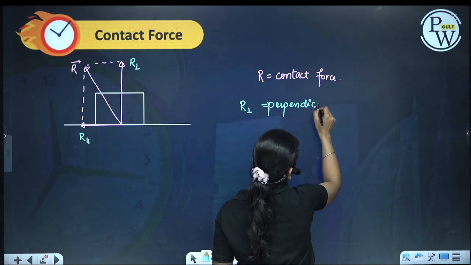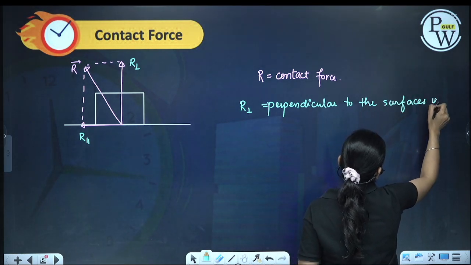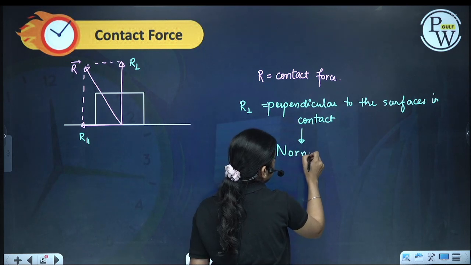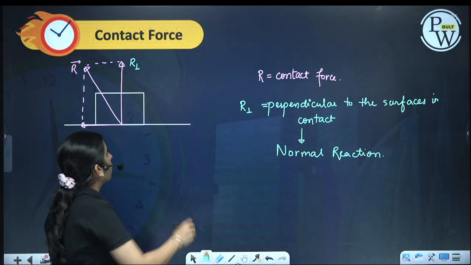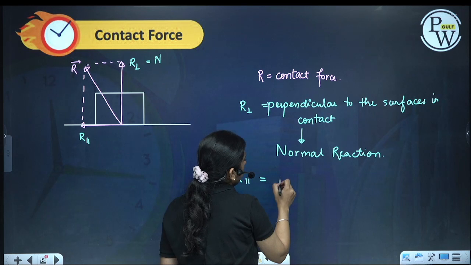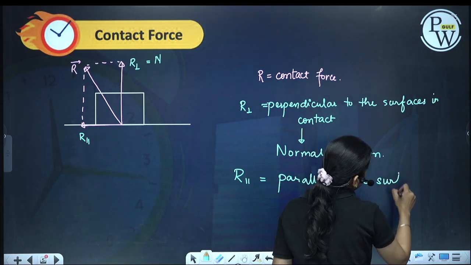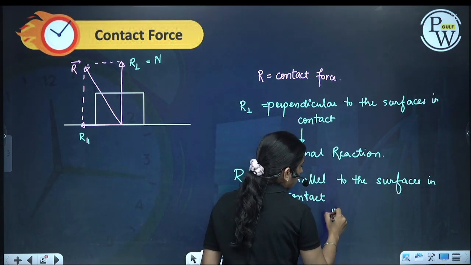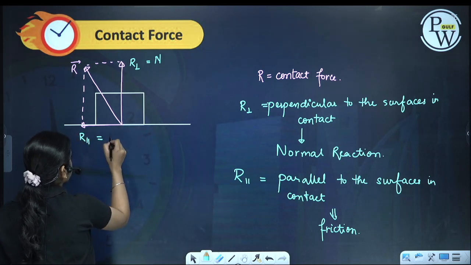The component of contact force perpendicular to the surfaces in contact is called the normal reaction, and the component parallel to the surfaces in contact is called friction. So this R parallel is called friction.